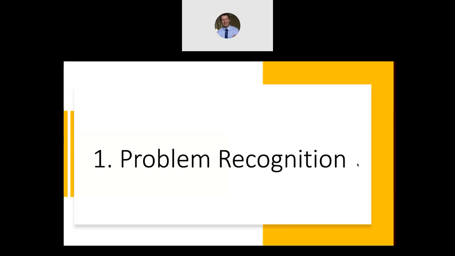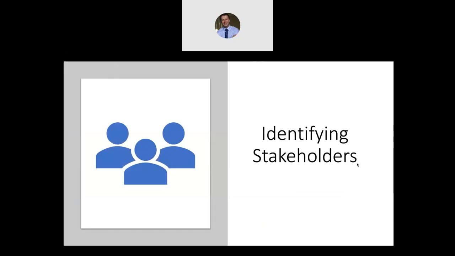One of the key things that we do early on, once we've identified there's a problem that needs to be addressed, maybe you've been assigned a data analysis project or problem that you need to solve in some way, is to identify the stakeholders.